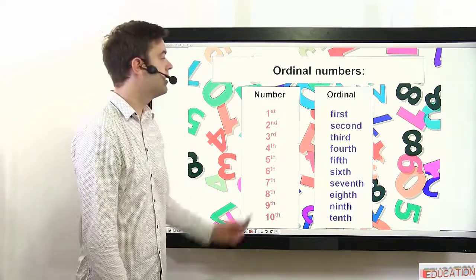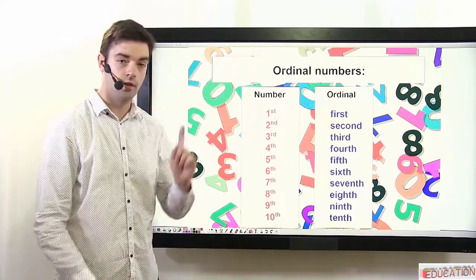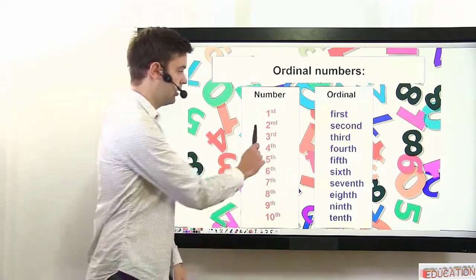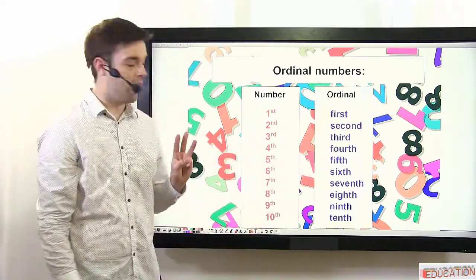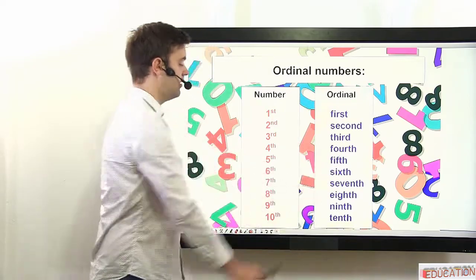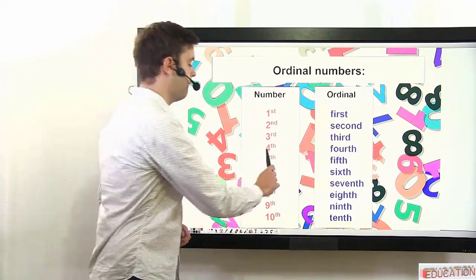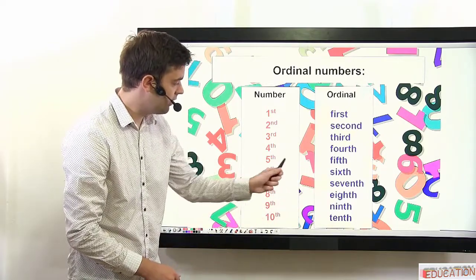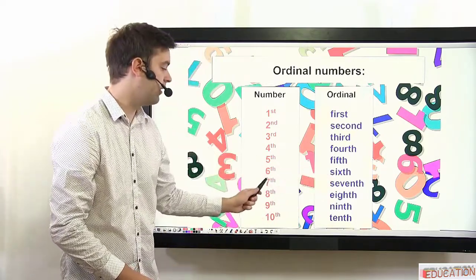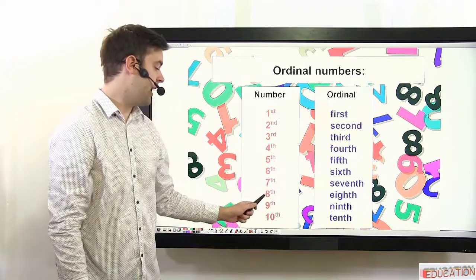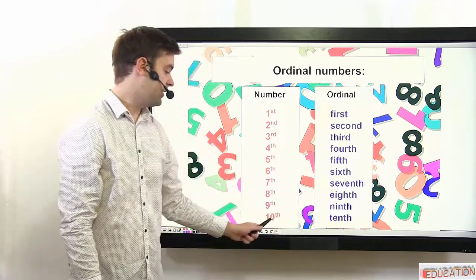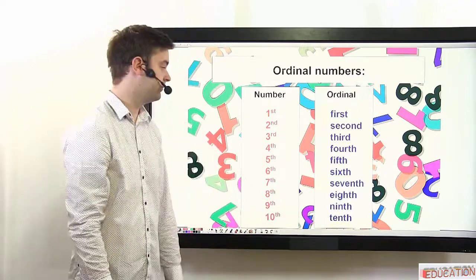Let's have a look then. So, ordinal numbers. Number 1, first, 2, second, third, fourth, fifth, sixth, seventh, eighth, ninth, 10th.